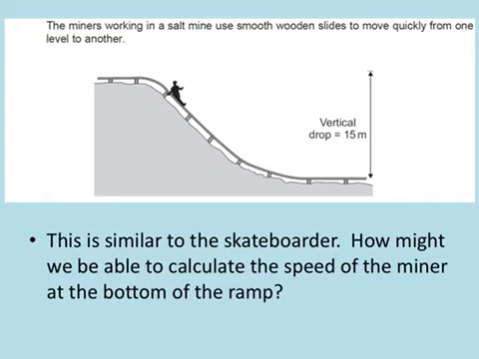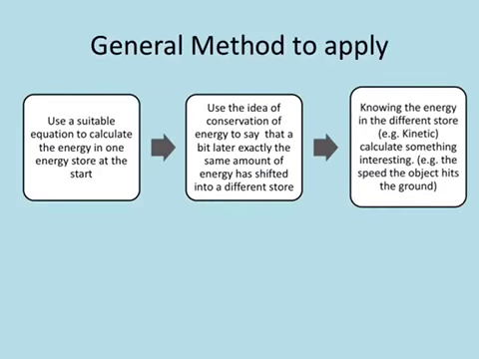So let's look at how we can apply a general approach to solving these questions. The general approach is to use a suitable equation to calculate the energy in one store at the start. Then we apply the idea of conservation of energy to say that at the end, that energy has shifted into a new store, and it will be exactly the same amount of energy as we calculated at the beginning.